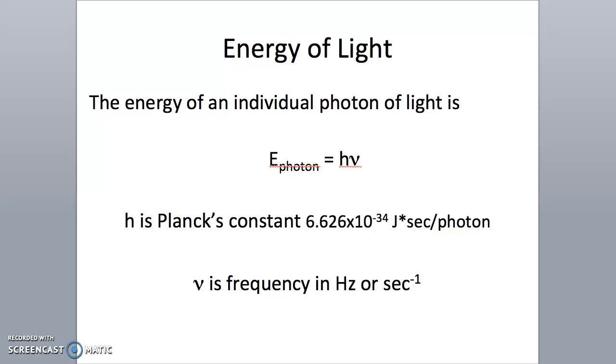So we've got this formula, E of a photon, energy of just one photon, is equal to Planck's constant, that's a new constant, and this will be provided, times the frequency. So the Planck's constant has units of joules times seconds, and frequency we know is in hertz.